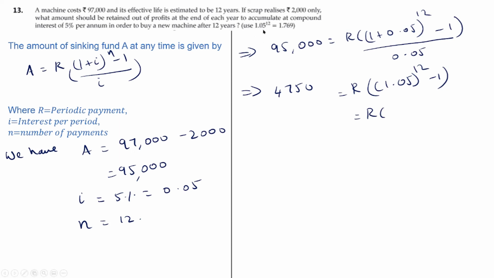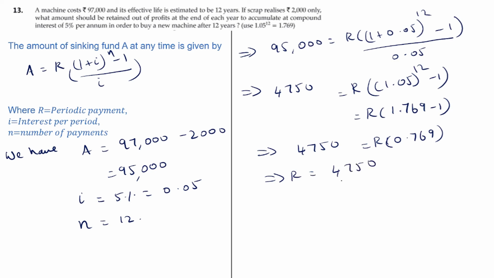This 1.05 the whole raised to 12 is given as 1.769. So we get 4,750 equal to R into 0.769. So we get R as 4,750 upon 0.769.